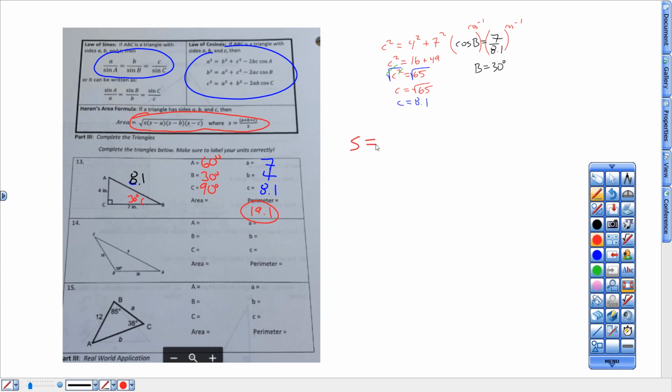S I get by adding 7 and 4 and 8.1 and dividing by 2. That gives me my S value. All three sides added up divided by 2. So let's do that. 7 plus 4 plus 8.1 equals 19.1 divided by 2.